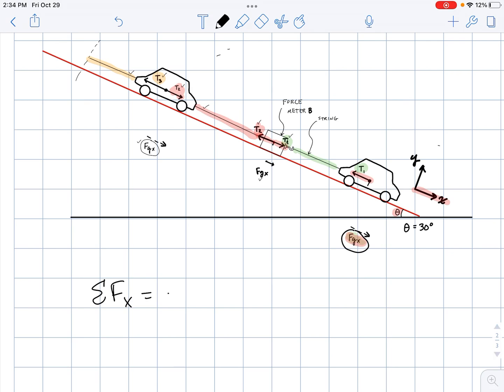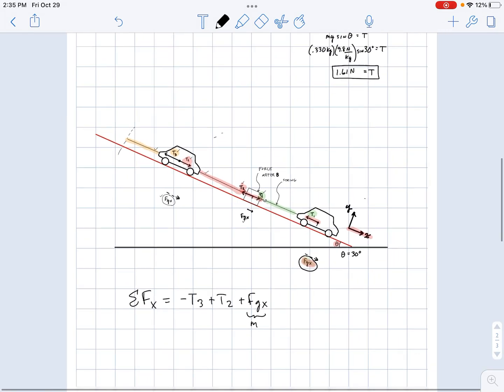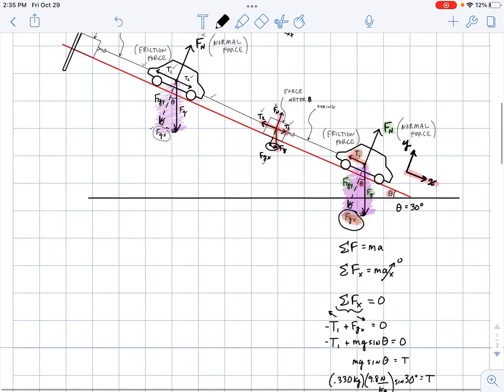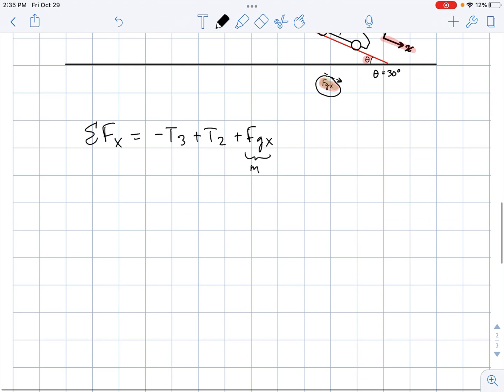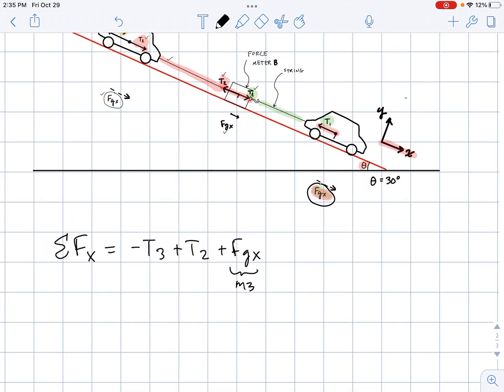Then we have negative T3 plus T2 plus FGX of the car at the top, which is mass 3, sorry, mass 3, minus T2 plus T1 plus FGX of mass 2 minus T1 plus FGX of mass 1. So those are all the forces in the x direction.